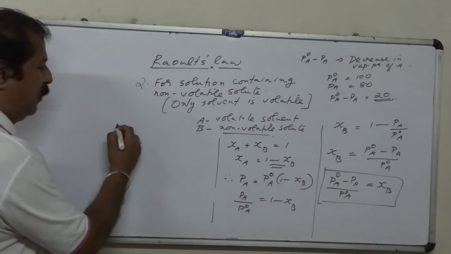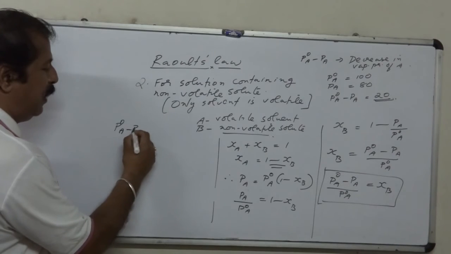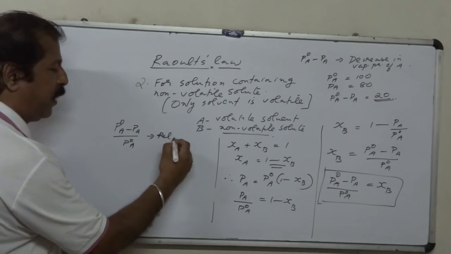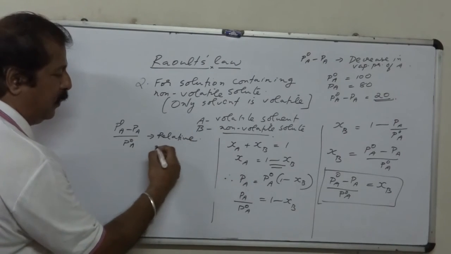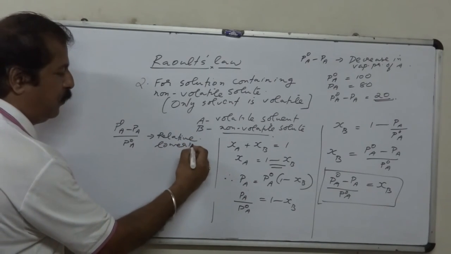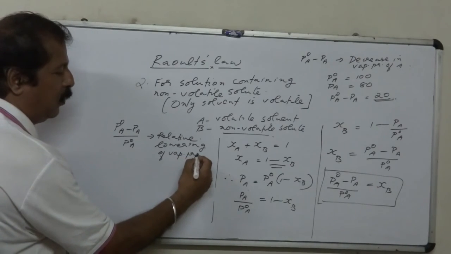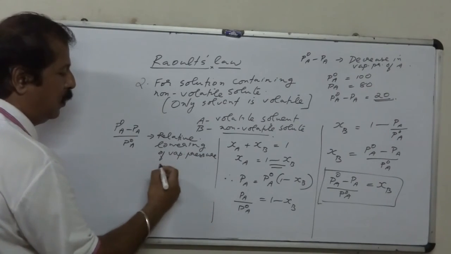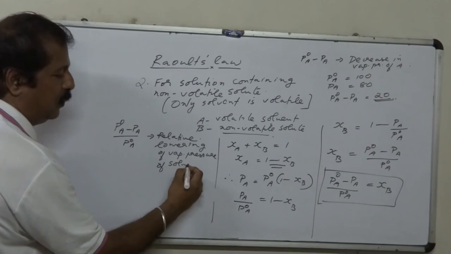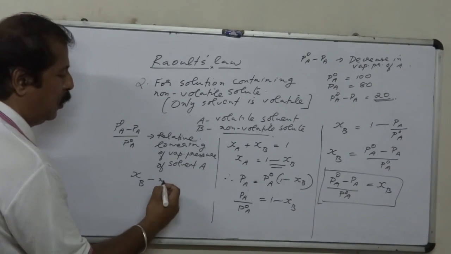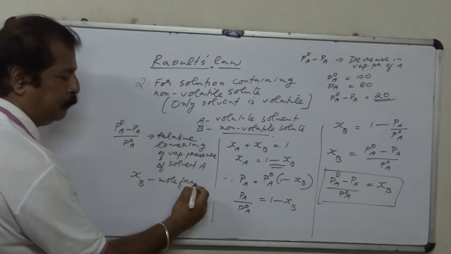I write again, (P0A minus PA) by P0A is known as the relative lowering of vapor pressure of solvent A, and this is equal to the mole fraction of solute B.